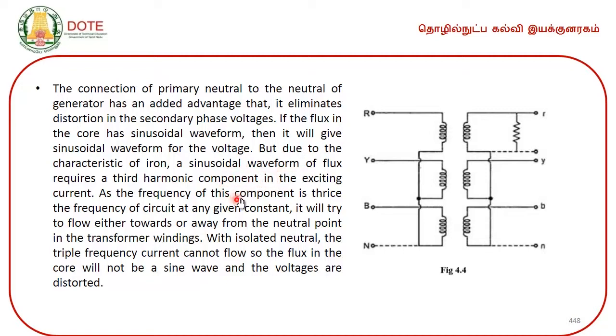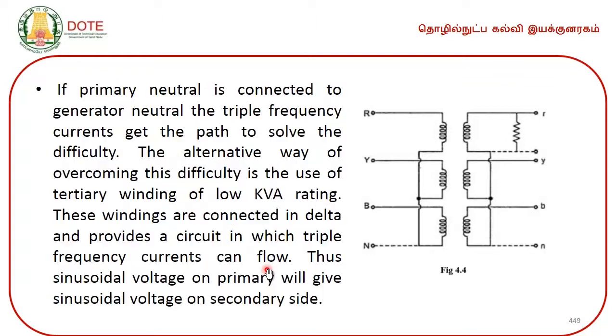As the frequency of this component is thrice the frequency of the circuit at any given instant, it will try to flow either towards or away from the neutral point in the transformer windings. With isolated neutral, the triple frequency current cannot flow, so the flux in the core will not be a sine wave and the voltages are distorted. If primary neutral is connected to generator neutral, the triple frequency currents get the path to solve the difficulty.